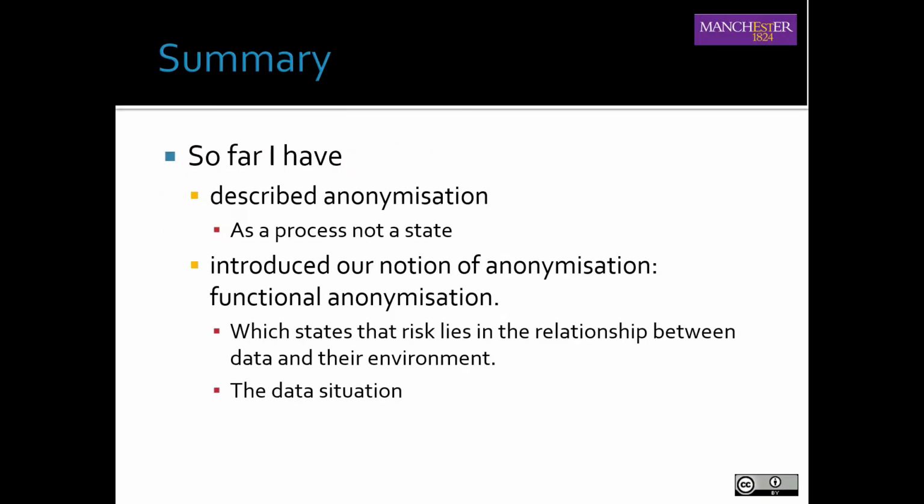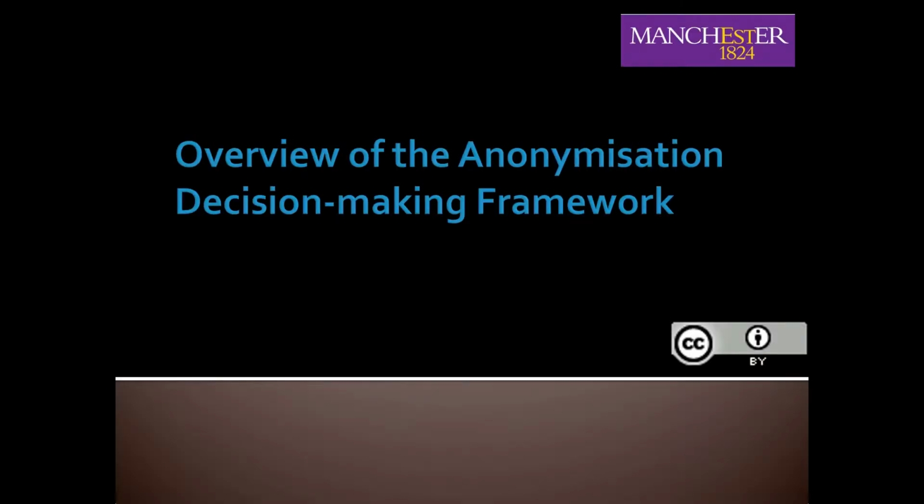I've described anonymisation as a process, not a state, and I've introduced the notion of functional anonymisation, which is that the risk lies in the relationship between data and their environment, the data situation. Now I'm going to take you on to the Anonymisation Decision-Making Framework, which is a process for delivering functional anonymisation.